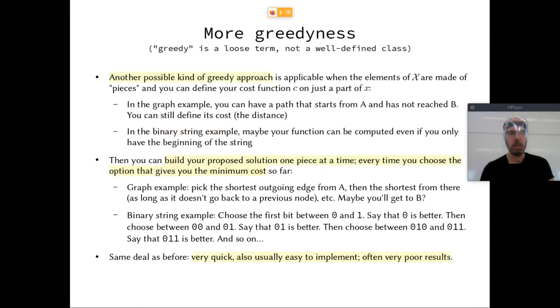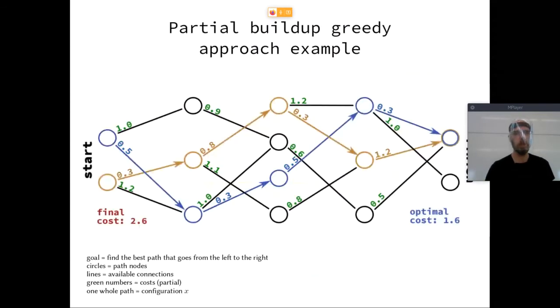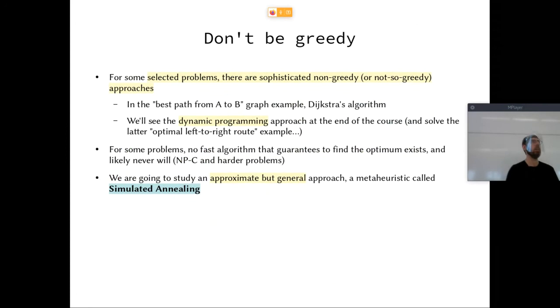Okay, so there are other possibilities of greediness. As I said, it's a vaguely defined family of algorithms. There's another example that I have here, which I'm going to skip because we are going to look at it at a later point. But just so you know, greedy doesn't necessarily mean just what is explained.